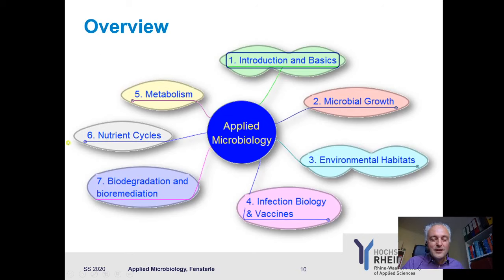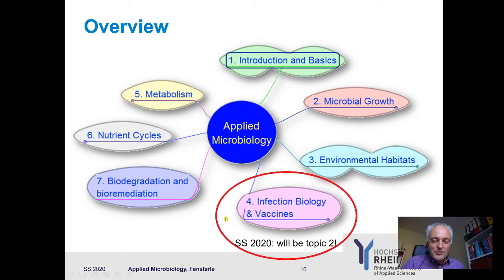Okay. So now let's have a look at the next slide. This is the overview of what we want to do. Of course, introduction and basics, and then we have all these topics. Due to the actual situation, we will start with infection biology and vaccines. And we will have a closer look in this semester at coronavirus.